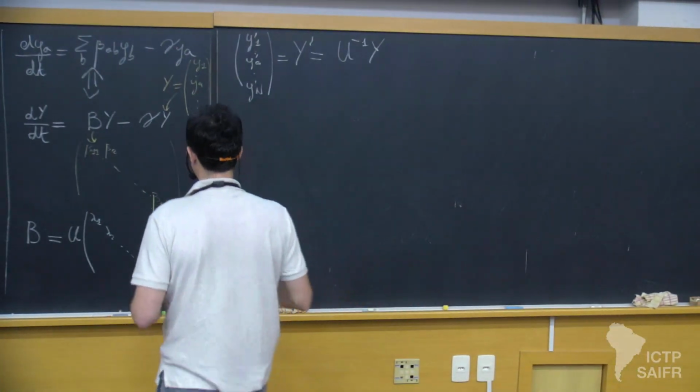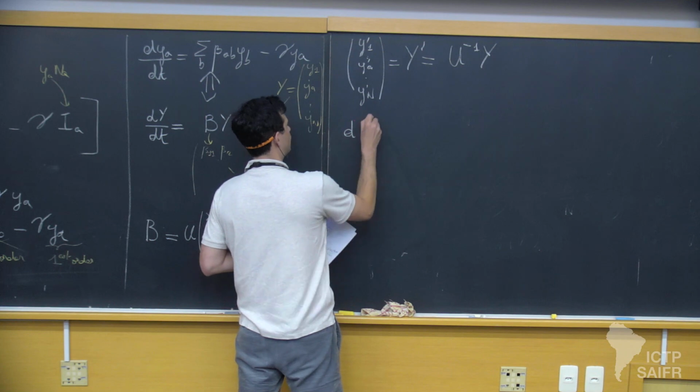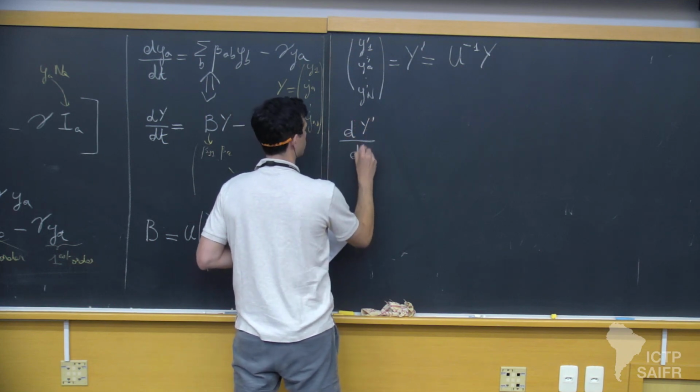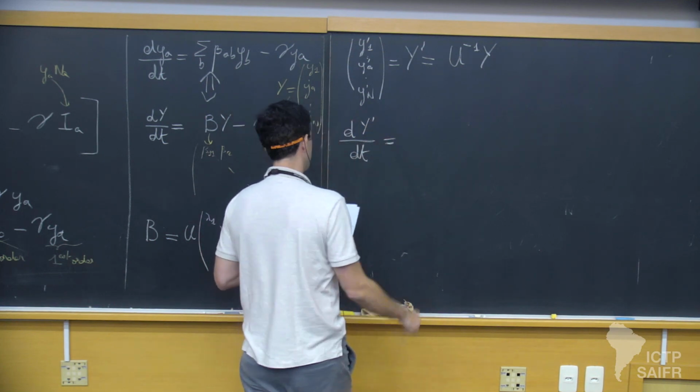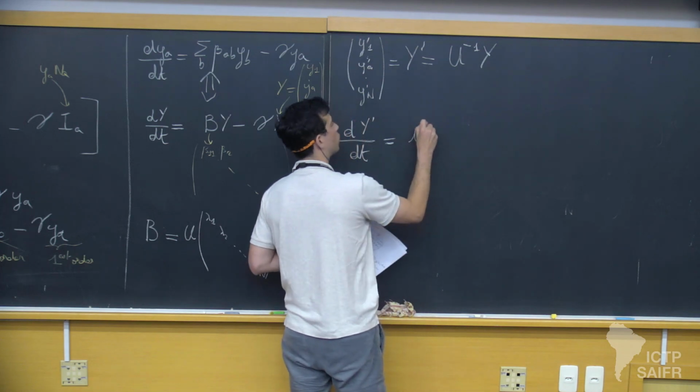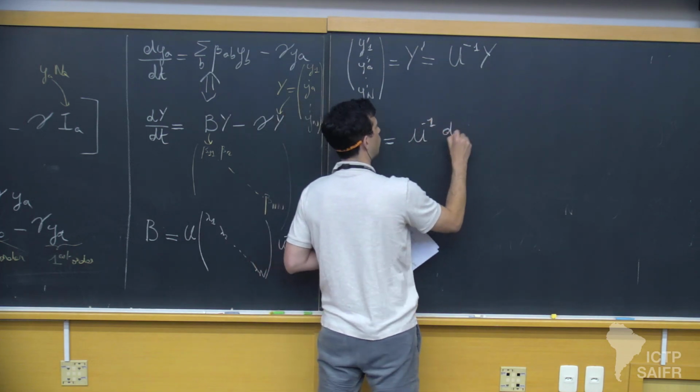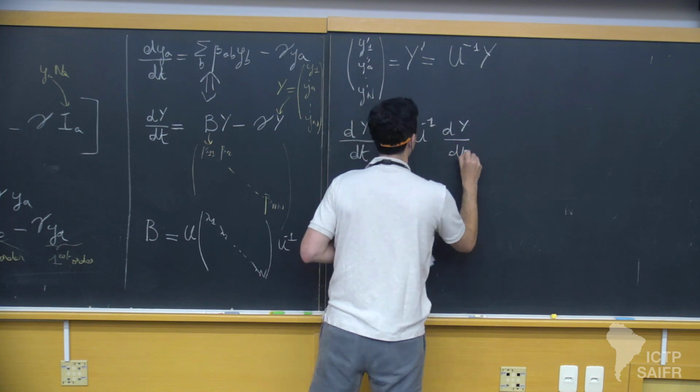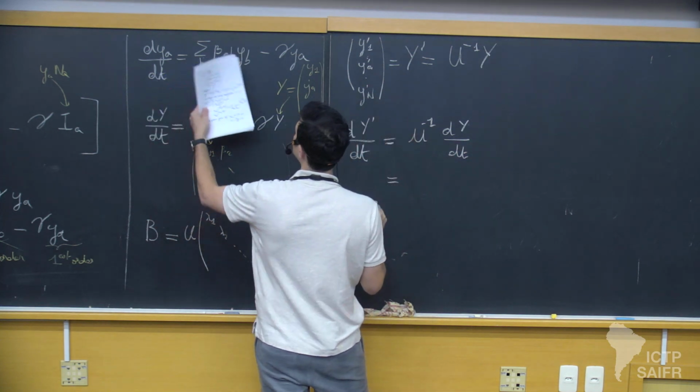Okay, so let's see. If I take the derivative of Y prime, what is this equal to? By definition, it's U^-1 times dY over dt. And dY over dt, I've said, is equal to that thing, right?